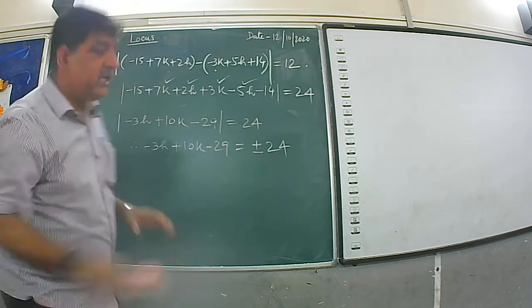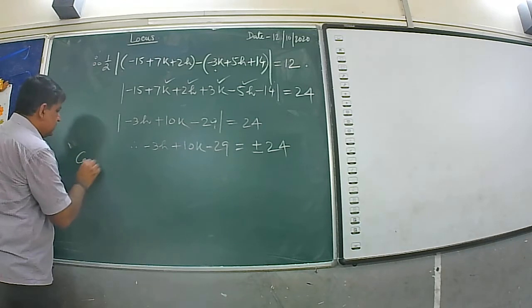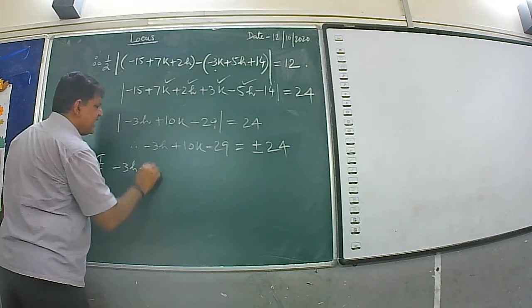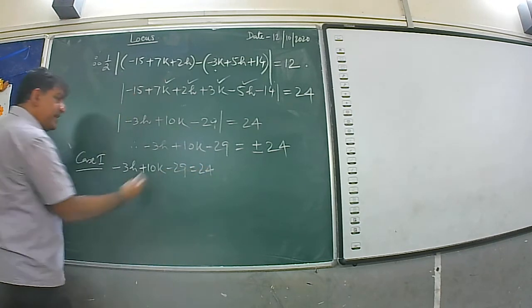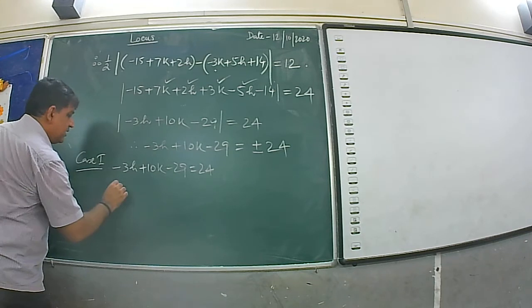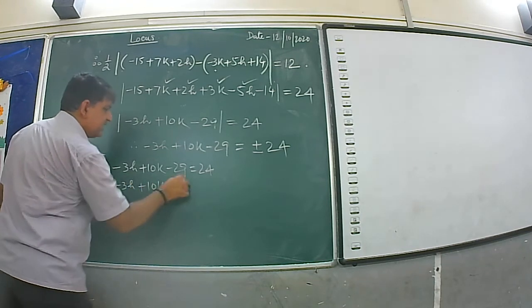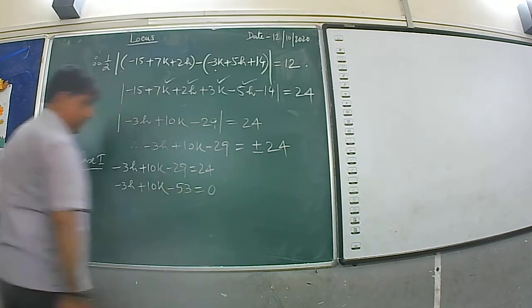Now from here, we will try to bifurcate our steps. Case 1: minus 3h plus 10k minus 29 is equal to 24. We can take all the terms to one side: minus 3h plus 10k minus 53 is equal to 0.